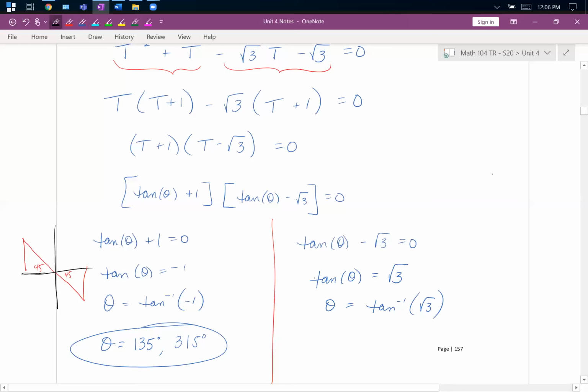Square root of 3, that's when we have square root of 3 over 2 divided by a half. So y's got to be square root of 3 over 2, and x has to be a half. Tangent's positive in quadrants 1 and 3. So x is the little side, y is the big side. We're looking at a 60-degree reference angle.